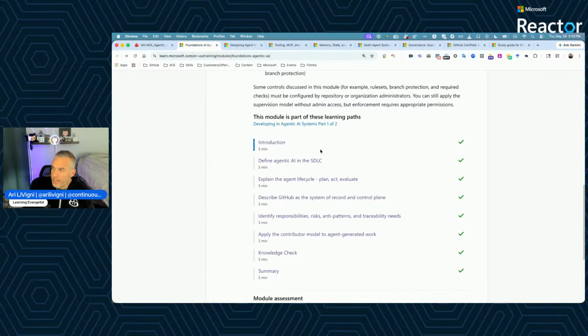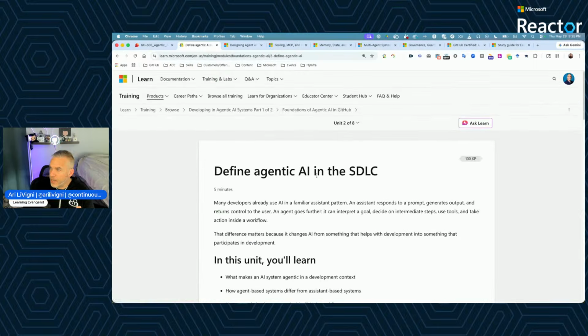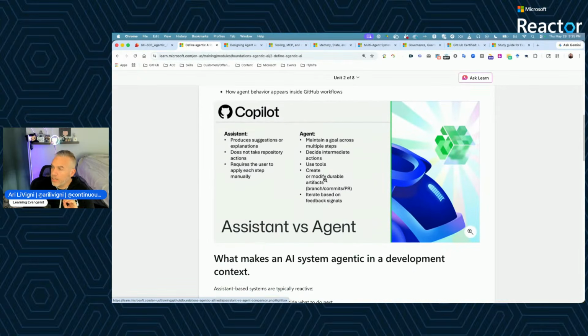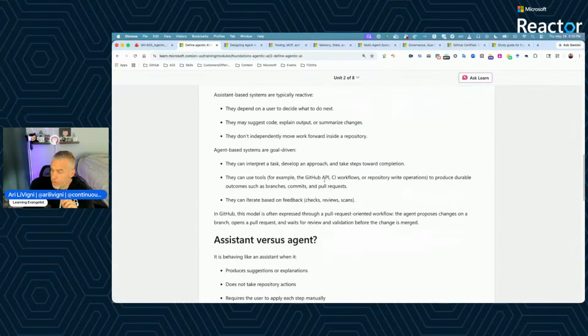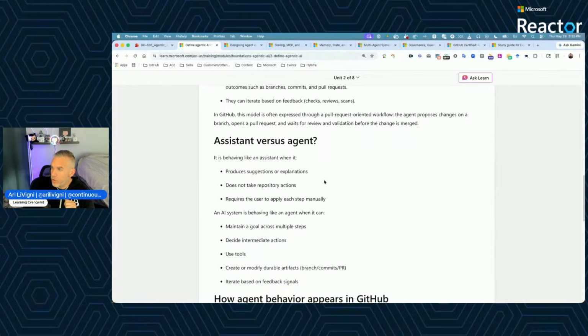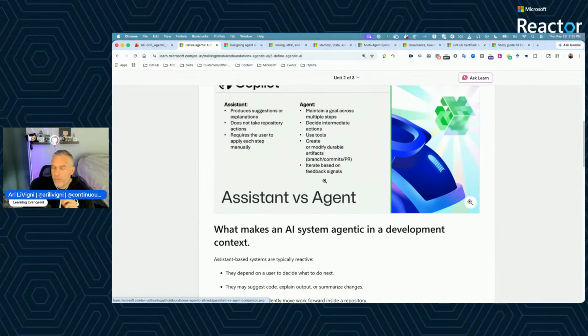So again, defining that agent AI lifecycle, a really good picture of what that looks like here in the individual Microsoft Learn modules. The team did a good job of putting these together. Assist versus agent. When we talk about Copilot and peer programming, we're being assisted, whereas with an agent, we're delegating some of those tasks to the agent to handle.